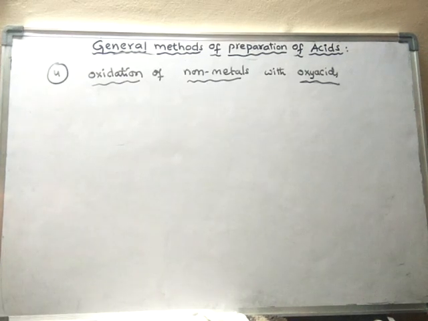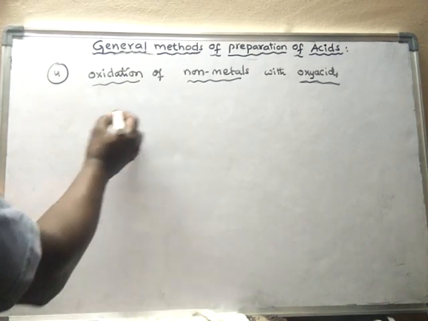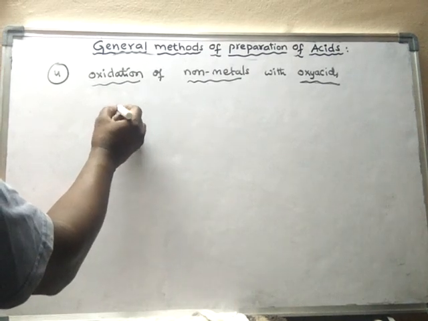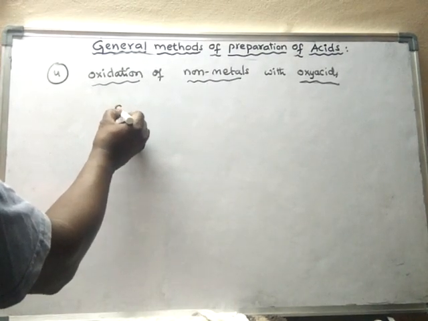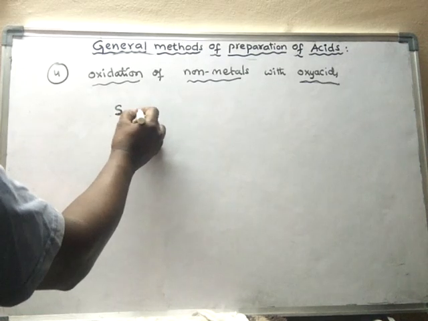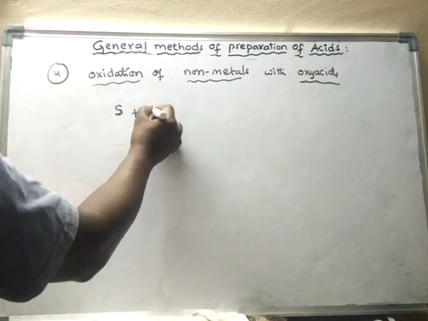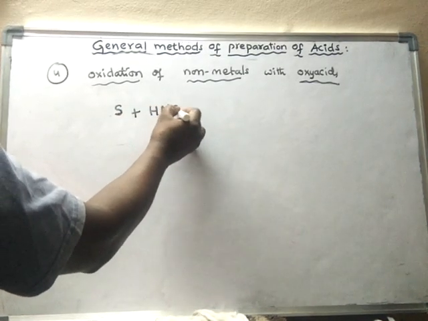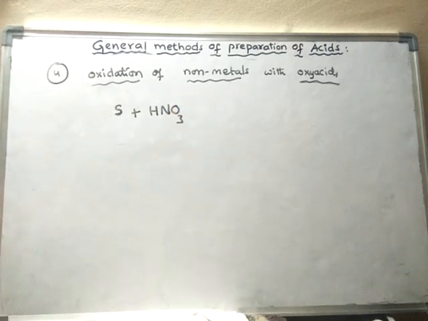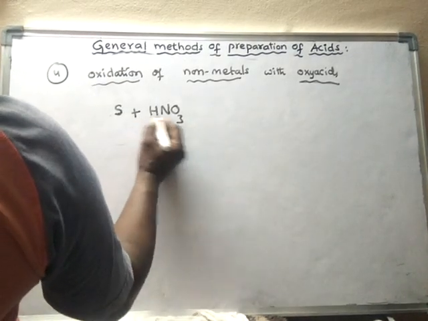Now let us learn examples. Sulfur is a non-metal, when reacted with nitric acid. Nitric acid is a good oxidizing agent. So generally we will take concentrated nitric acid.